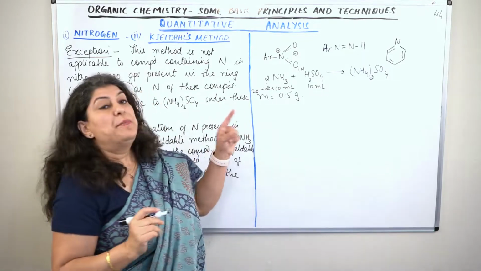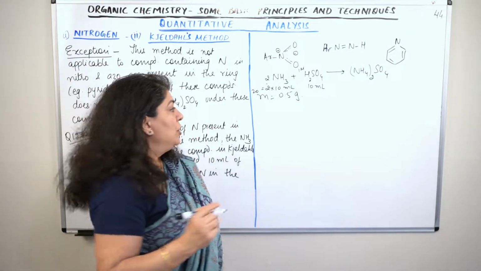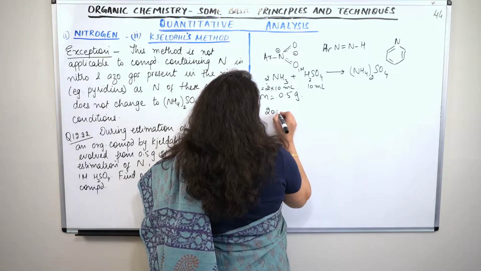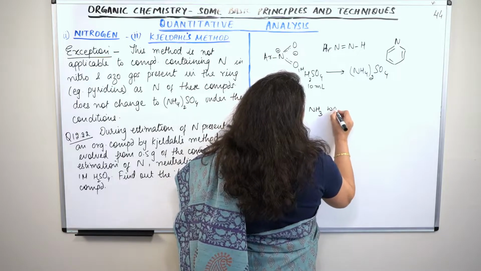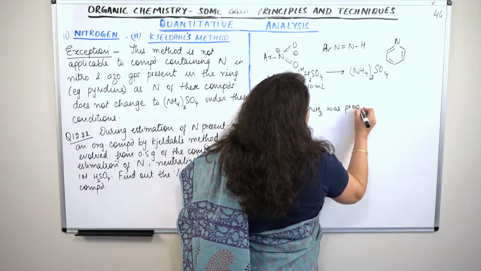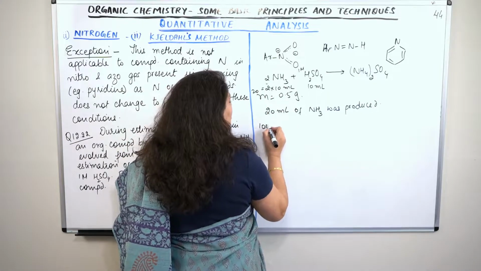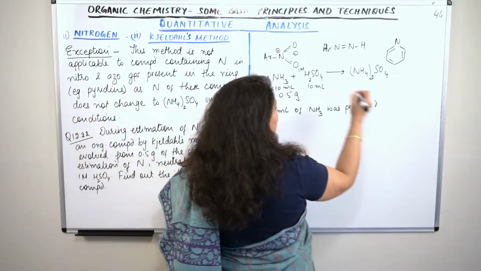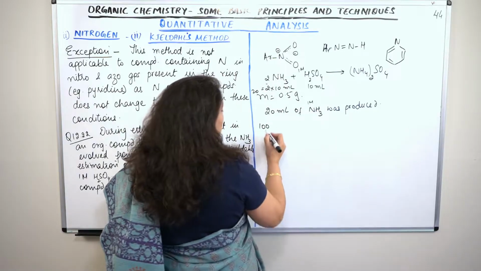So 20 ml of 1 molar ammonia was produced.